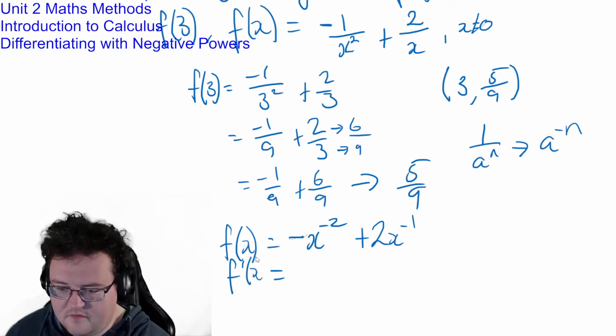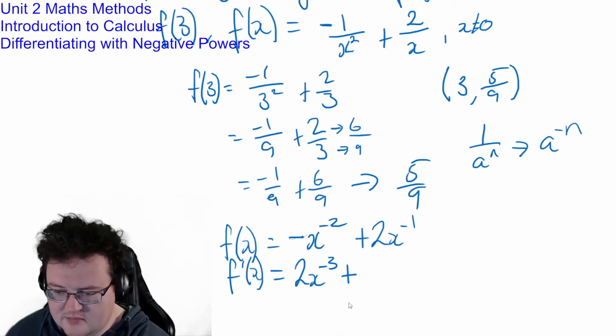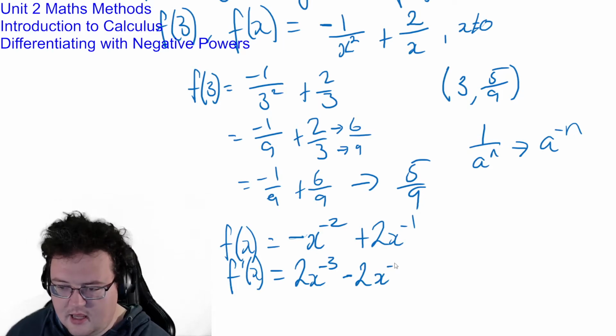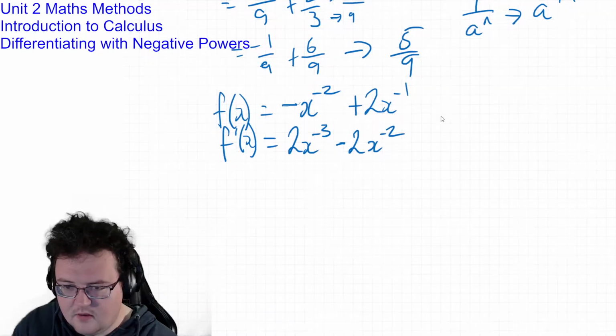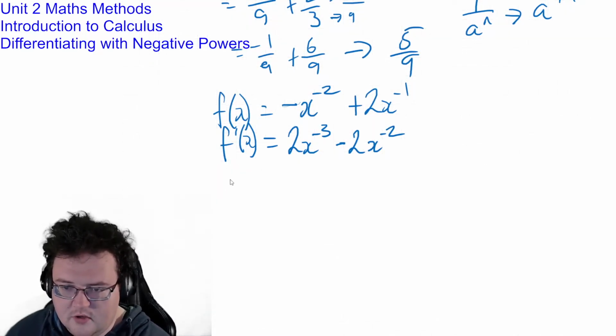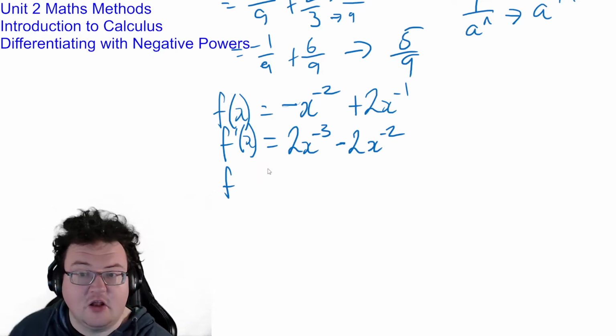And now I can find f dash x. -2 comes down, minus and a minus becomes a plus, so it's going to be 2x to the -3 plus 2x to the -1. -1 comes down. So that plus will be a minus, x to the -2. So I will quickly reorganize that back to something that we can work with in terms of fractions, make our lives a lot easier.